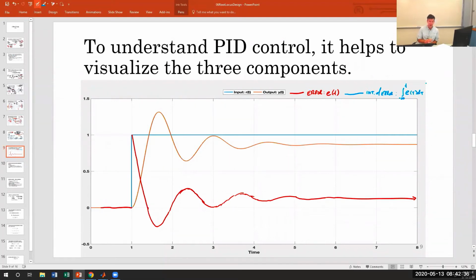I'm not sure if your 228 instructor differentiated between a running integral and just a regular old definite integral. So the running integral of the red curve, if we're integrating 0, we get 0. So help me out here. If the error jumps, does the integral of the error jump?